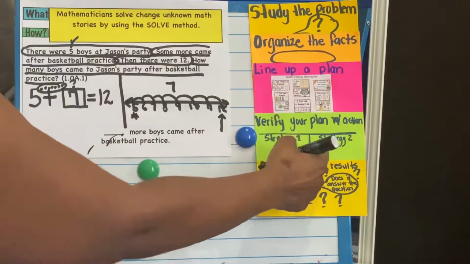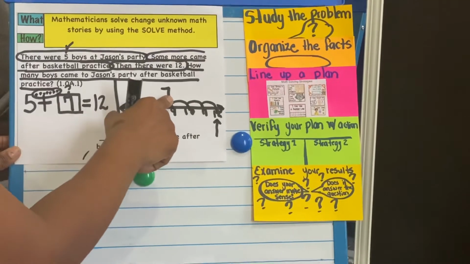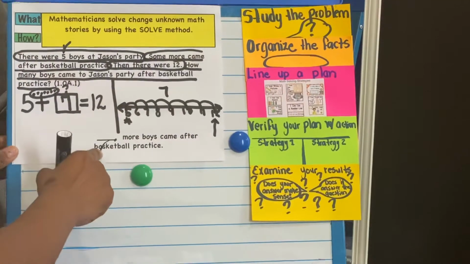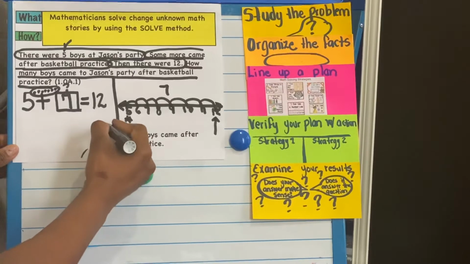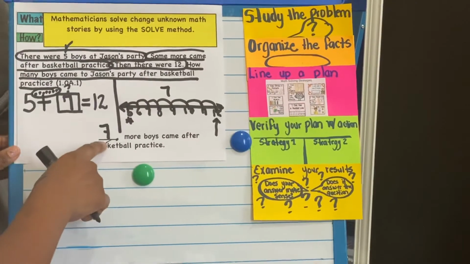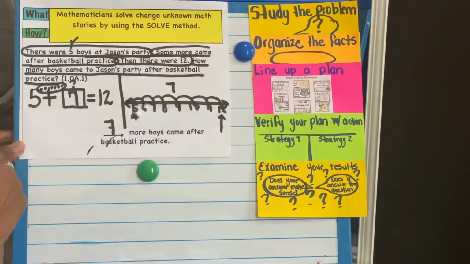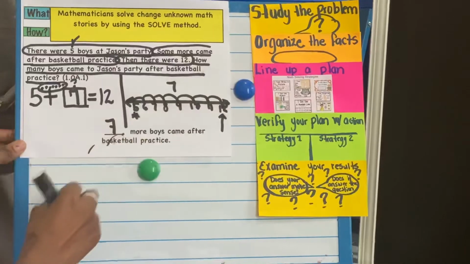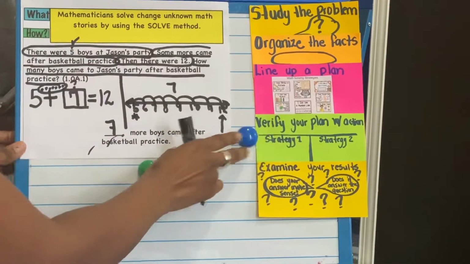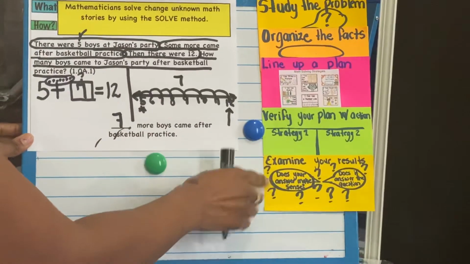I have 2 different strategies and I got the same answer. So I'm pretty sure that 7 more boys came after basketball practice. I have studied the problem, organized the facts, lined up a plan, verified my action with 2 different strategies. Now I need to examine my results again.